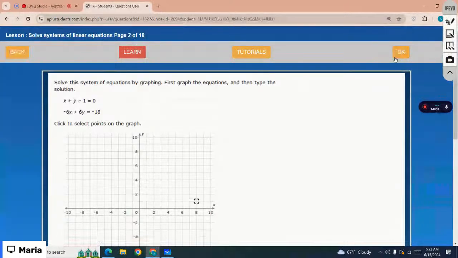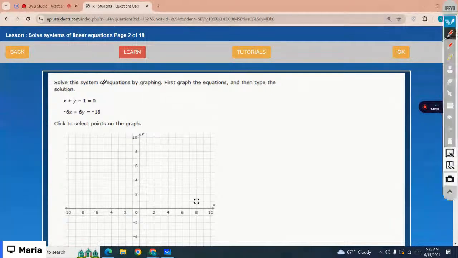Okay, solve the system of equations by graphing. Okay, let's just solve, right? That is y equals -x plus 1, right?